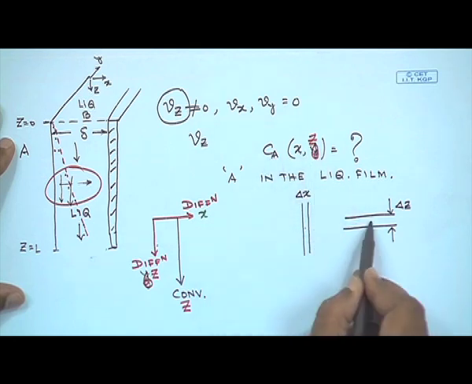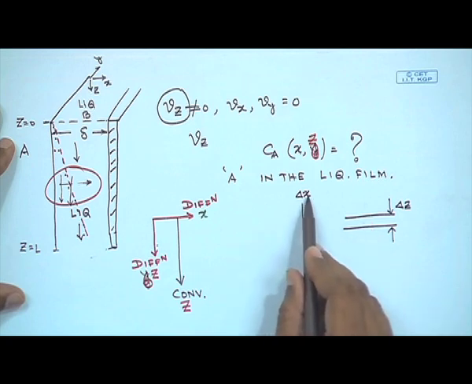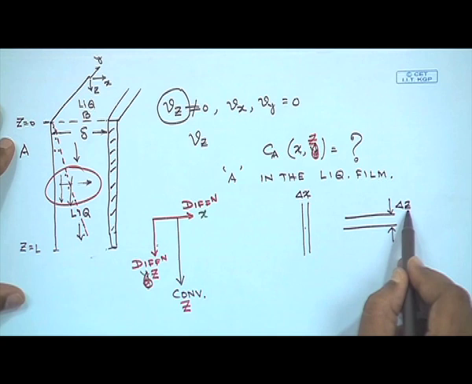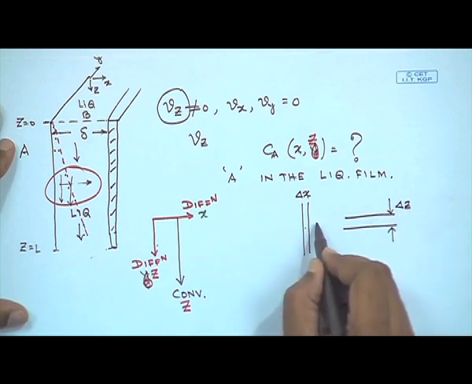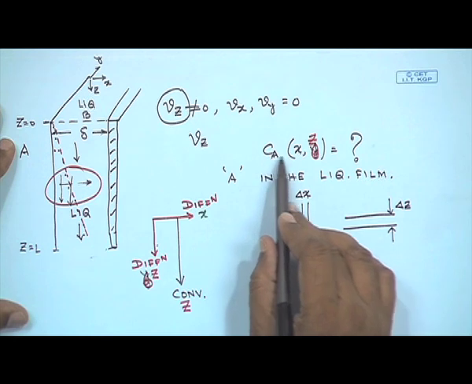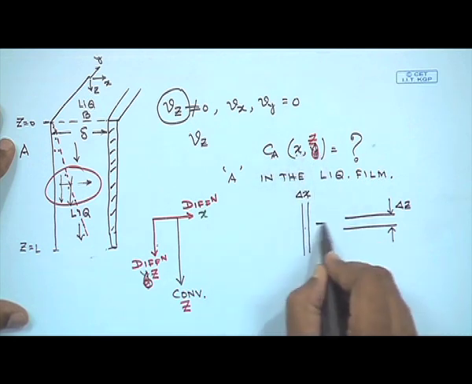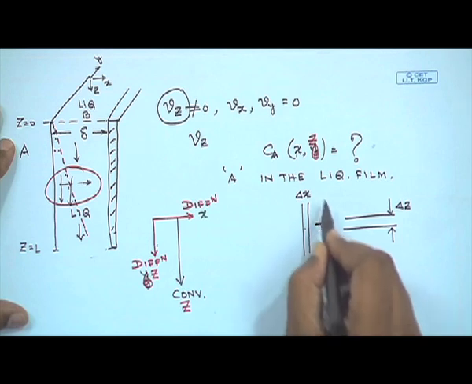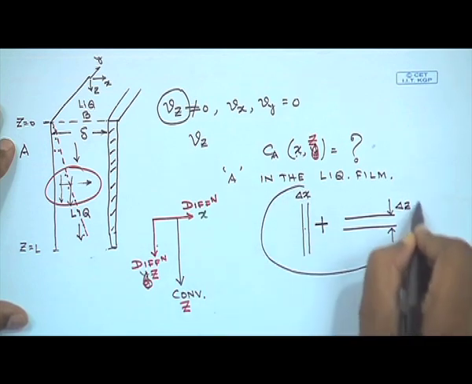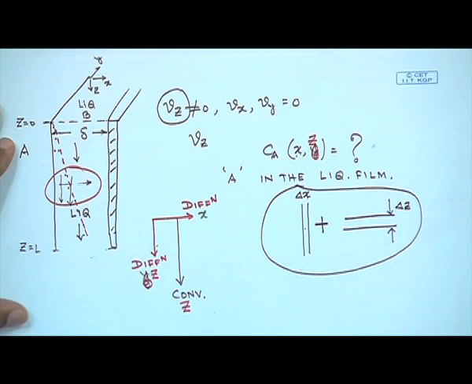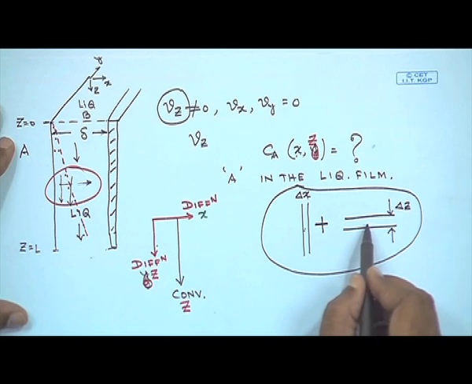So what is going to be my shell, of delta x thickness or delta z thickness? And you can clearly see, since Ca is both a function of x and z, the shell that you are going to design is going to be a function both of x and of z.